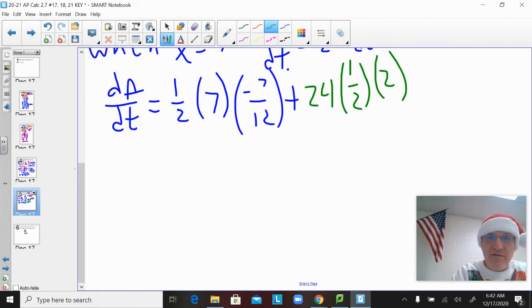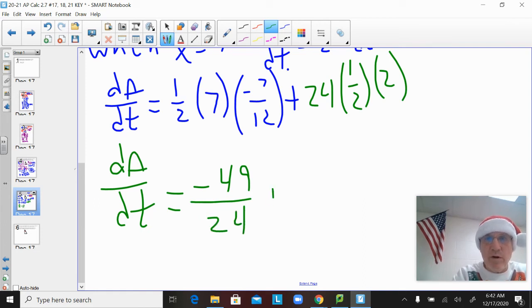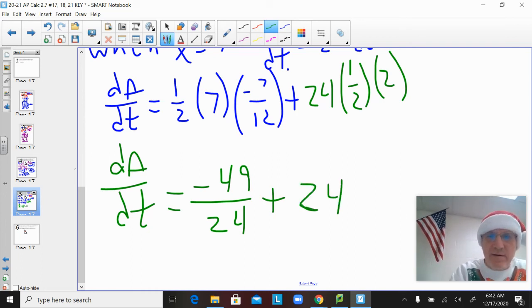And now it's just carefully evaluating this. So dA dt, that's negative 49 over 24 plus, my 2's cancel, 24. Now I could decimalize that.